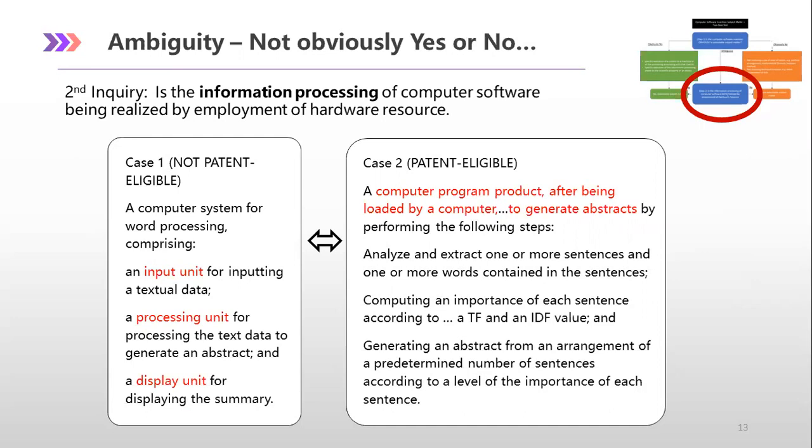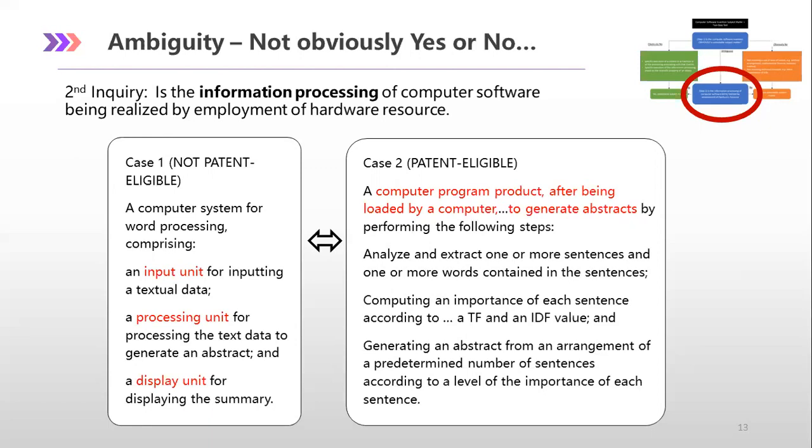Case number 2 is a computer program product loaded into a computer to generate a text. So it presents a computer physically. Based on the general knowledge, the examiner will be able to imagine there is a synergistic operation of the loaded software and its inherent hardware in that computer, like CPUs or memories or other chipsets.